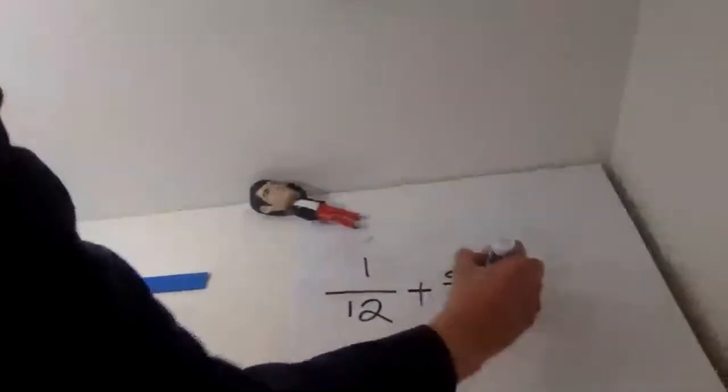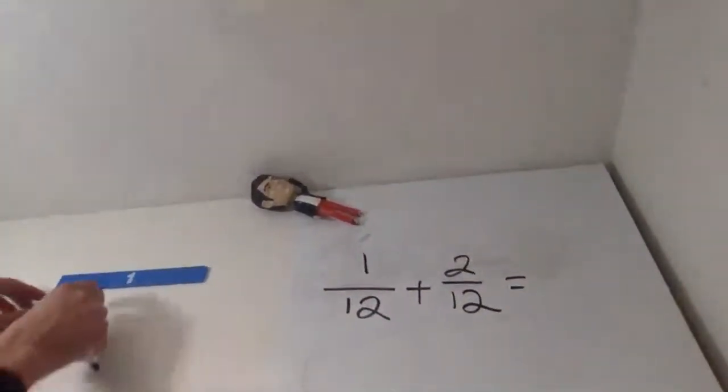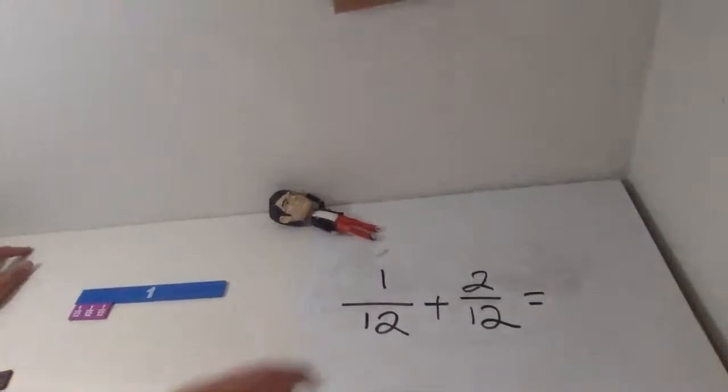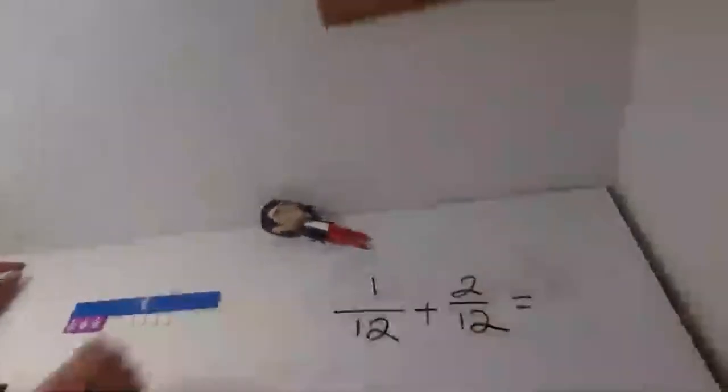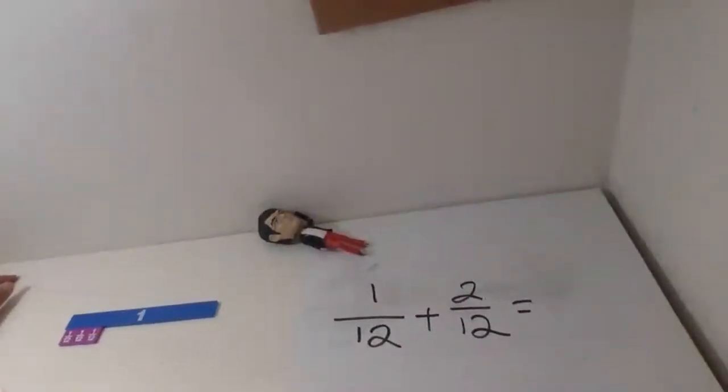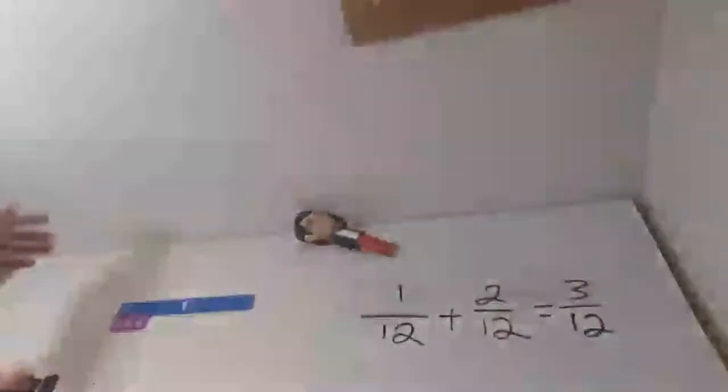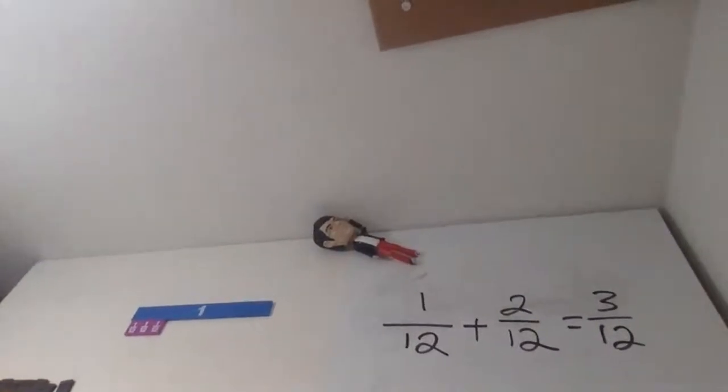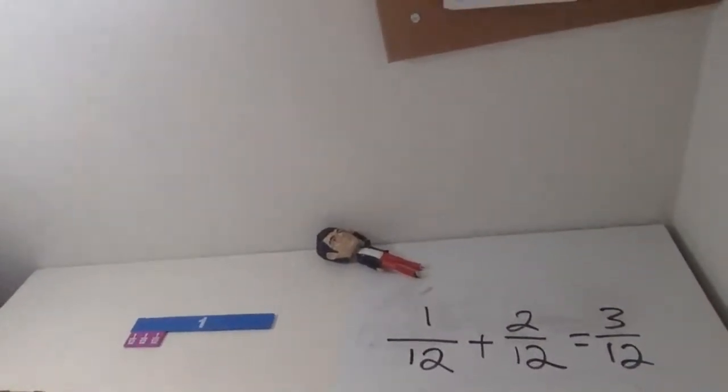That is 2 12ths. And again, if we have the same denominator, we can just add them across. That's going to be 3 12ths right there. Okay, 3 12ths. Alrighty then. Let's head back over to the whiteboard over here.